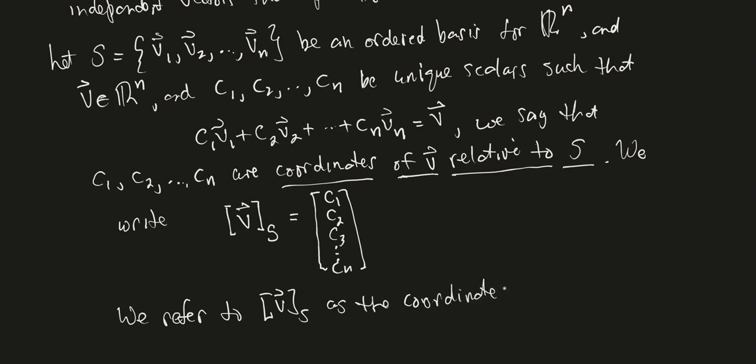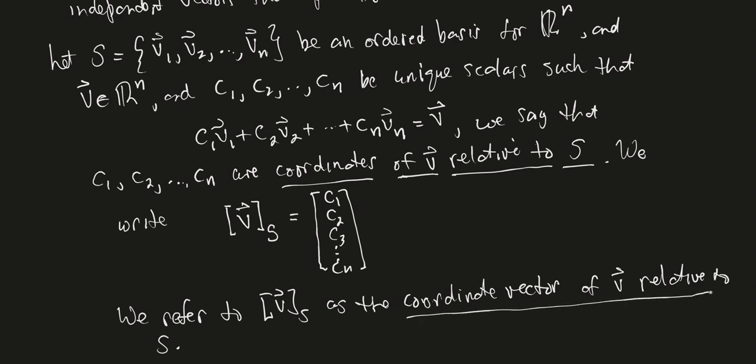The coordinate vector of v relative to S, right? So again, we're defining something that isn't really new. Yes, we have these new vector equations, but we know that these are nothing more than fancy ways of talking about a linear system, right?